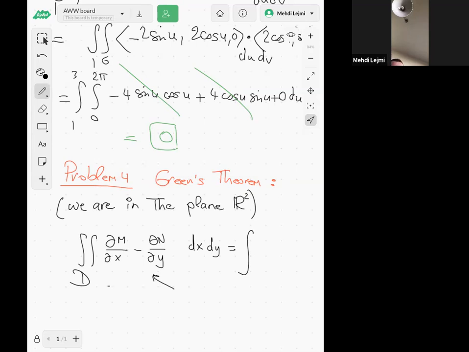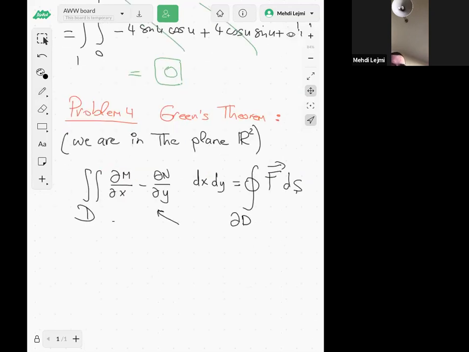You have this double integral, which is equal to the line integral along the boundary of this. So your question is about how to parameterize the domain for the double integral, for this dx dy. Well, it's the annulus. So it's x squared.